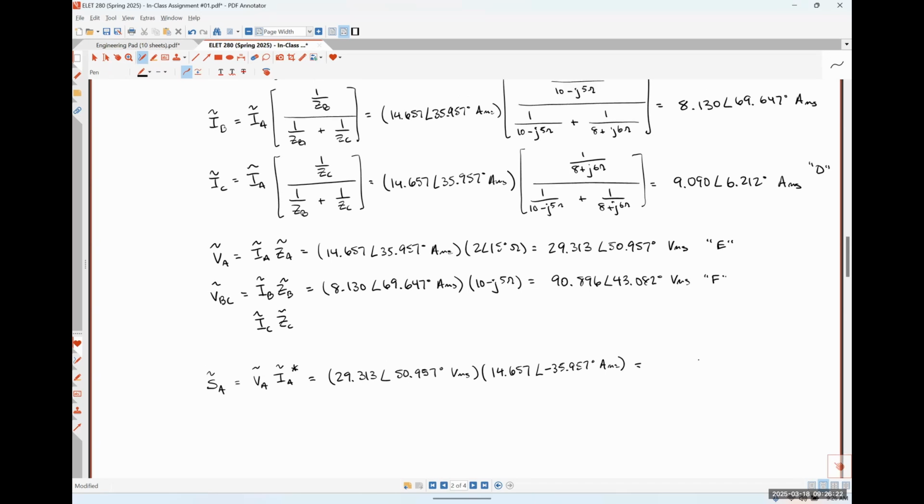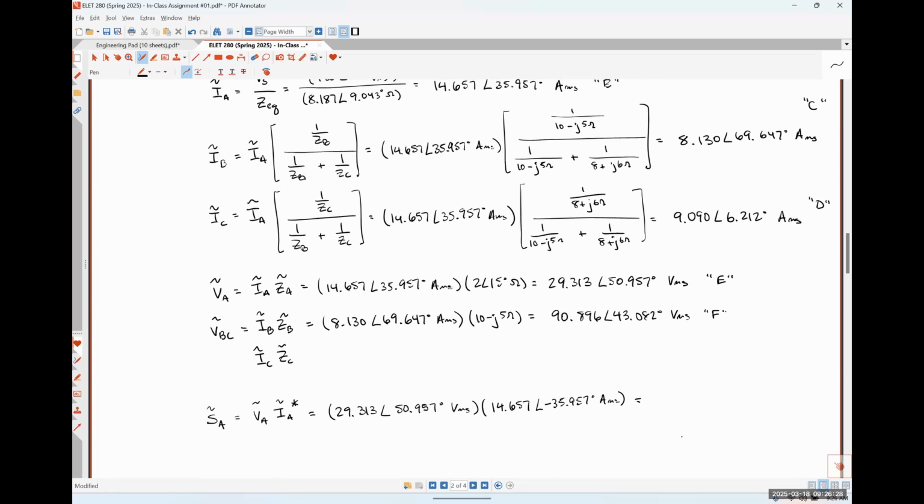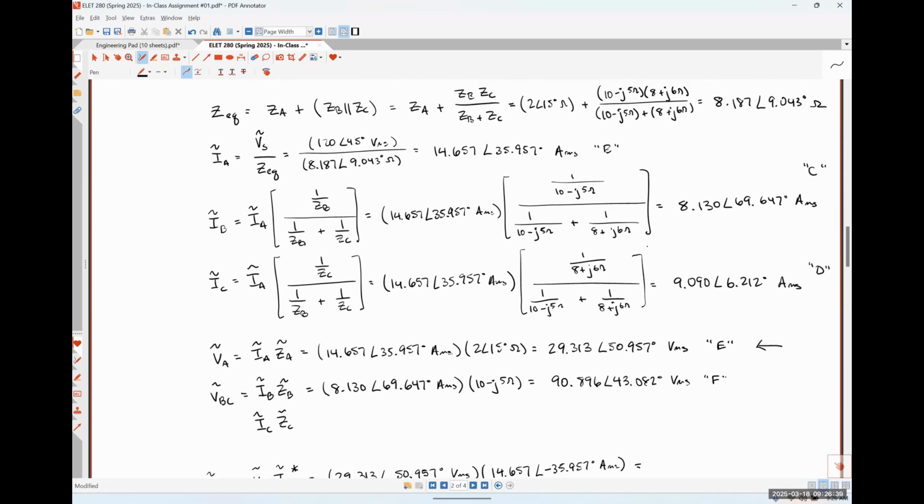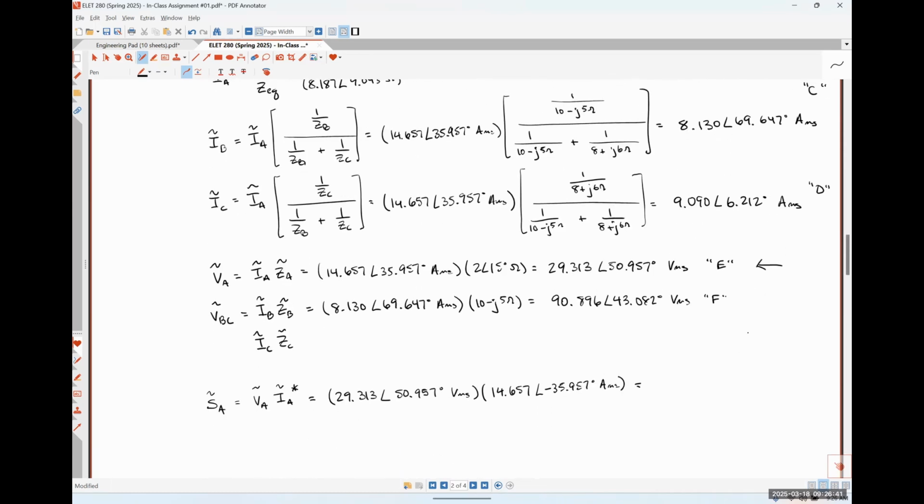So for what it's worth, your calculator can do the complex conjugate operation for you. Since I stored all of these variables in my calculator, what I'm going to wind up doing is just E, which is what I stored VA as right here. And then I'm going to do the conjugate of B, which is where I stored IA.